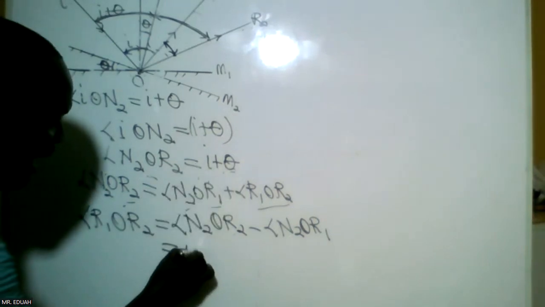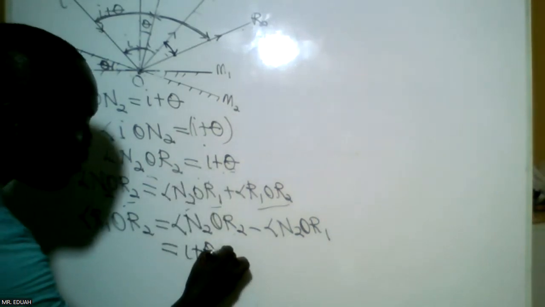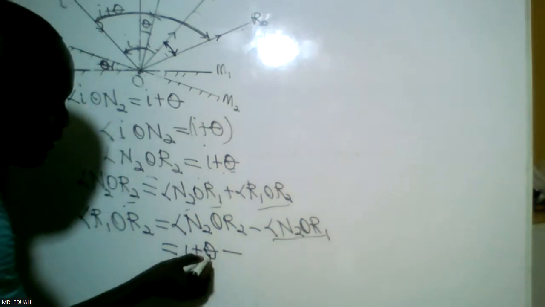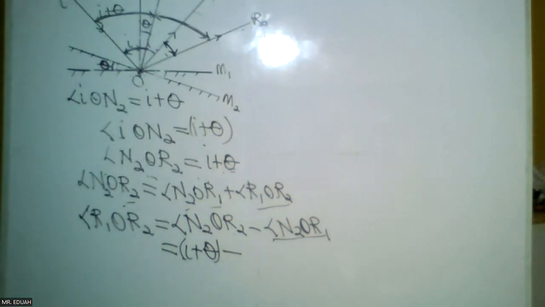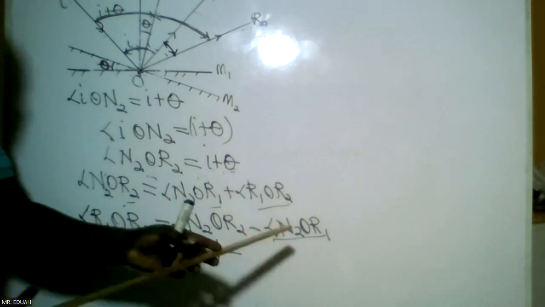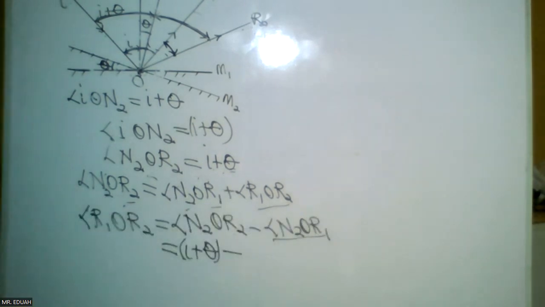This is I plus theta, but we need angle N2OR1 to subtract it from this to get what we are looking for, R1OR2. So the question is: how do we determine angle N2OR1? Any idea?